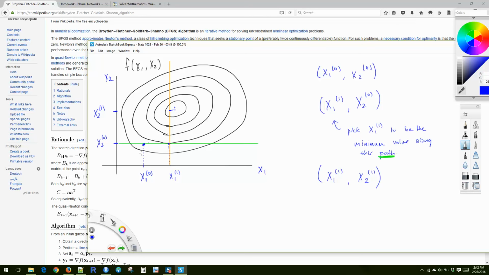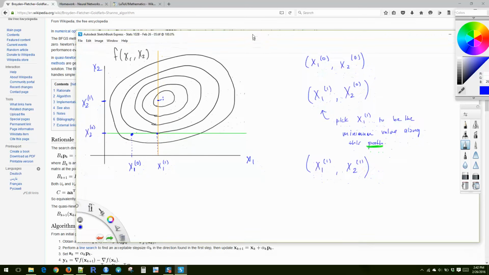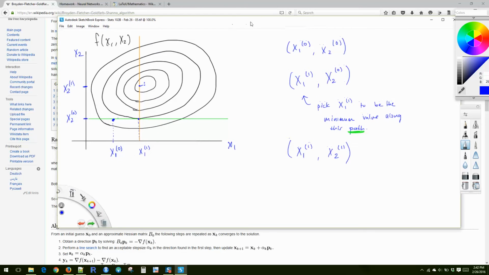All of these algorithms behave best when the function itself is convex, though research is being done on non-convex functions.